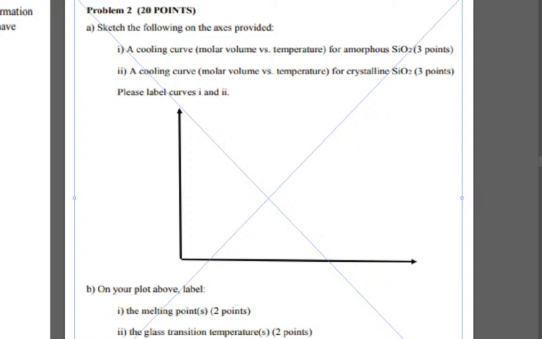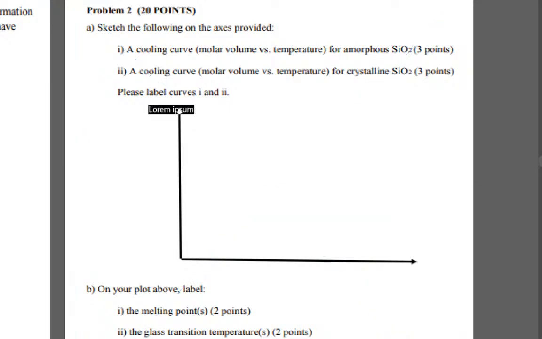First things first, this one here is volume per mole. For the x-axis, that would be the temperature. So, the cooling curve. Let's make this guy first, and then this guy.